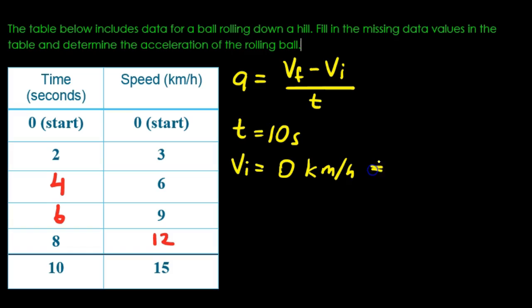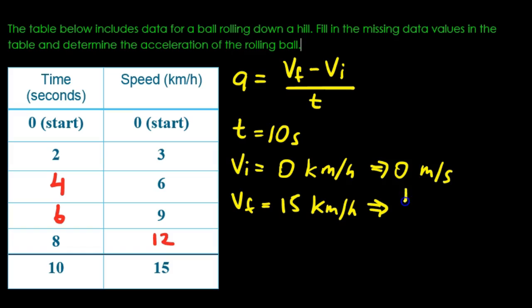Now we know that is 0 meters per second, but now we need to be able to convert. At the end it had a final velocity of 15 kilometers per hour. Now we need to convert that into meters per second. Now we know that for every kilometer, because there's 15 kilometers, there is 1,000 meters.